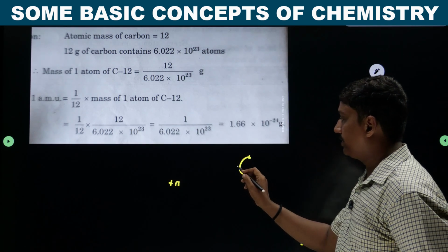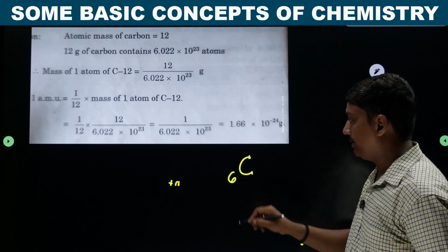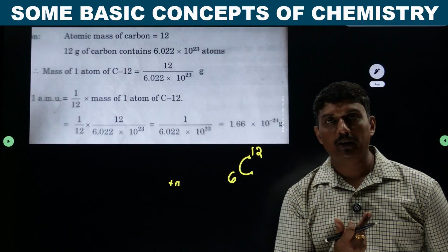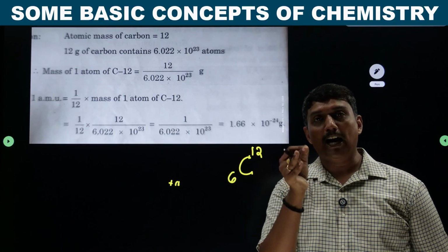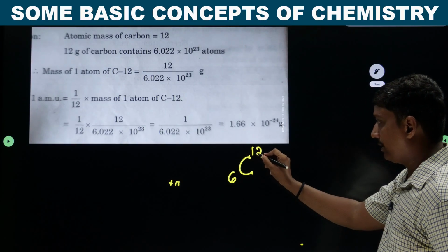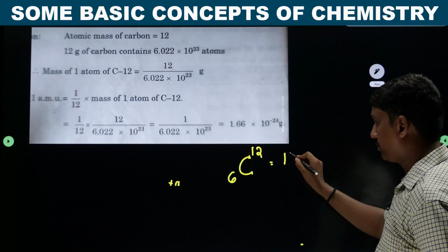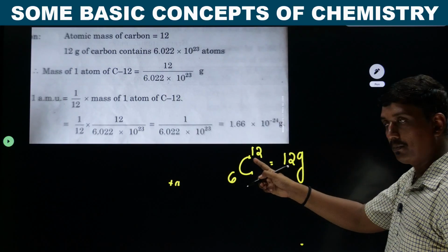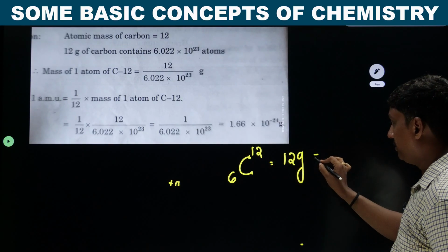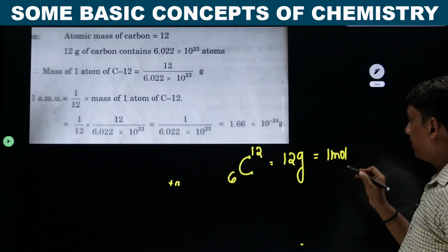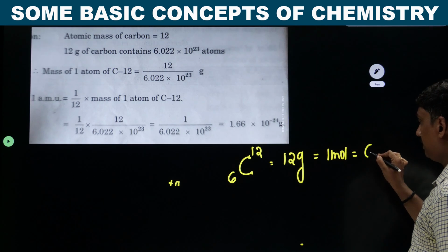What is its atomic number? 6. Mass number is 12. Then how much should be taken? Gram atomic mass should be taken. So what is the atomic mass? 12. If you take 12 grams, it is the gram atomic mass of carbon, which is equal to 1 mole. 1 mole contains how many particles?